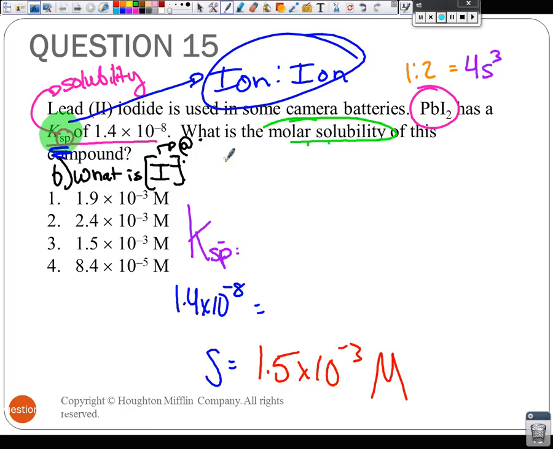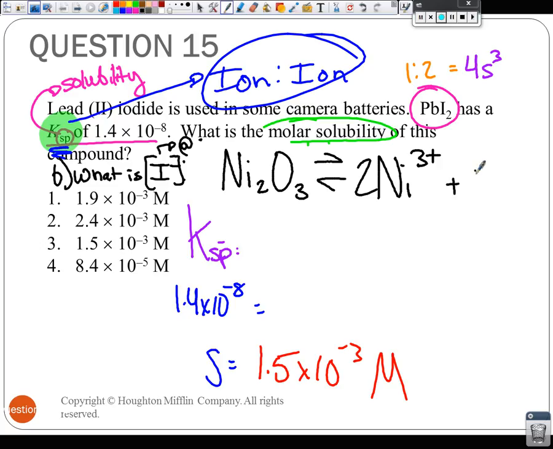But let's say we used Ni2O3. You agree that would be true? You with me on that? Alright, first of all, what's your ion to ion ratio? Alright, it's a 2 to 3 ratio.